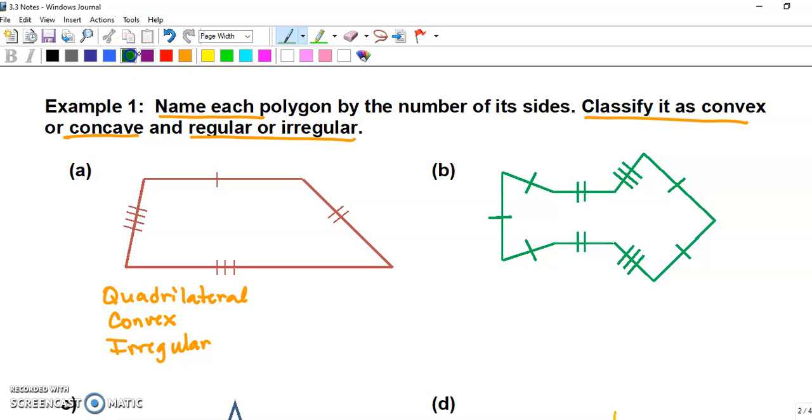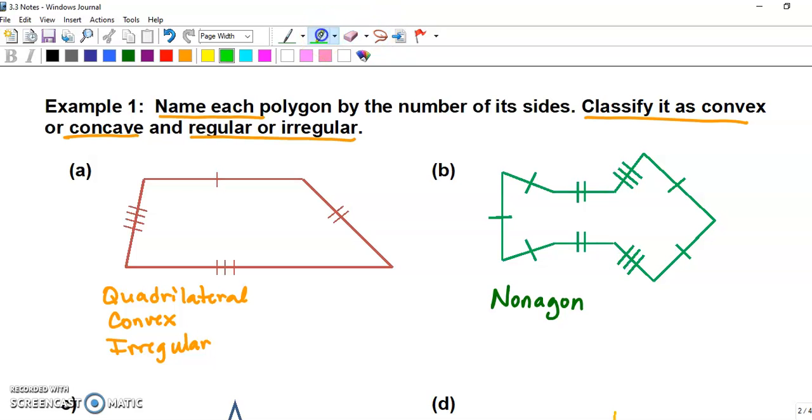Okay, part B, this green one here, it's got 1, 2, 3, 4, 5, 6, 7, 8, 9 sides. So 9 sides is a nonagon. It does cave in.